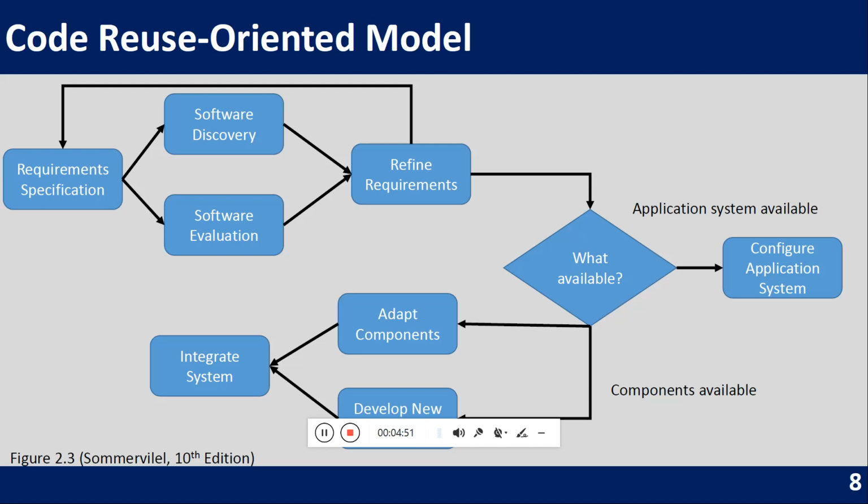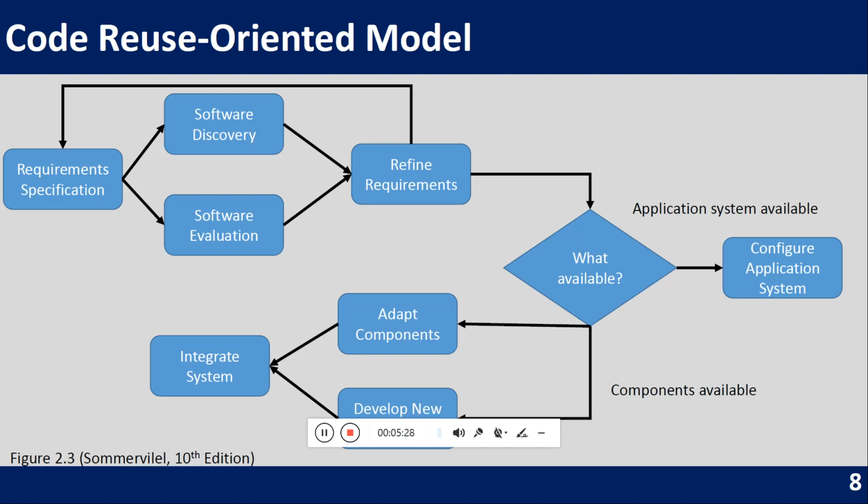The requirement specification is first going to be defined into two parts, software discovery and software evaluation, and then we need to refine this requirement to do the requirement specification. Depending on whether it is available or not available, we can configure the application system, with application system available and component available.